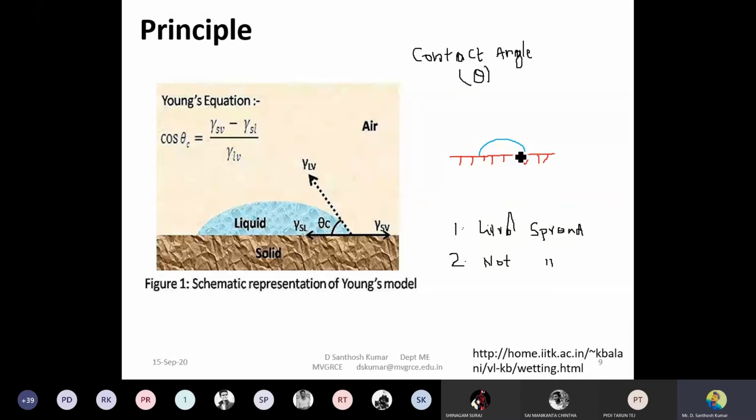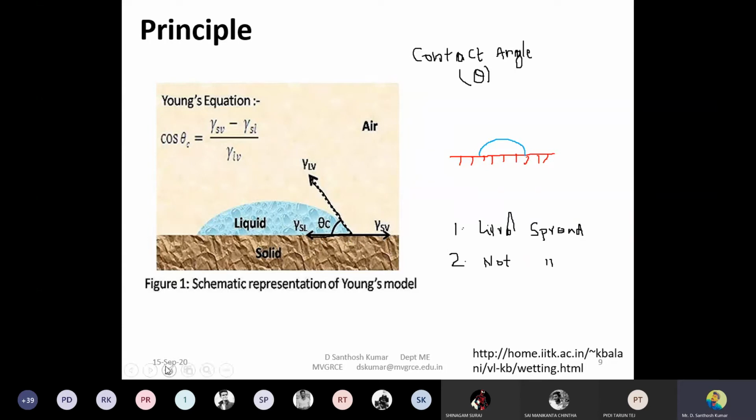Because of the surface energies only you are getting these contact angles. So here you can see that there are different kinds of surface energies. This is one surface energy, this is another surface energy, and this is another surface energy.